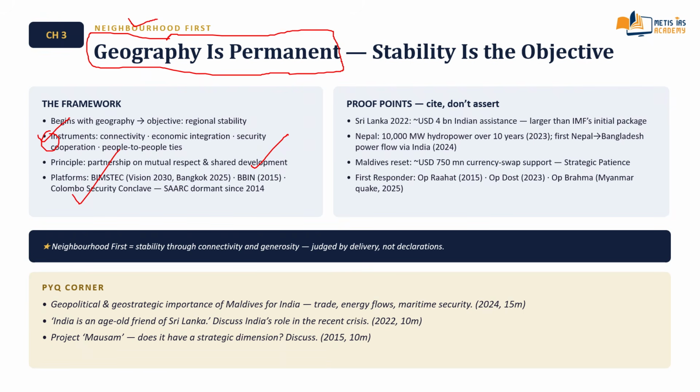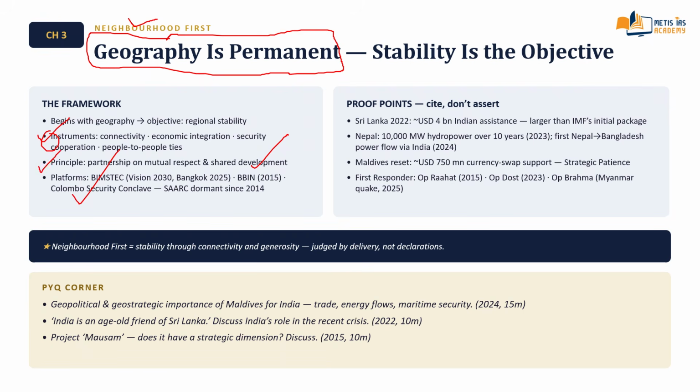These are the five pillars of neighborhood policy: regional stability, taken as political stability, then connectivity, economic cooperation, security cooperation, and people to people ties. Its guiding principle is partnership based on mutual respect and shared development.